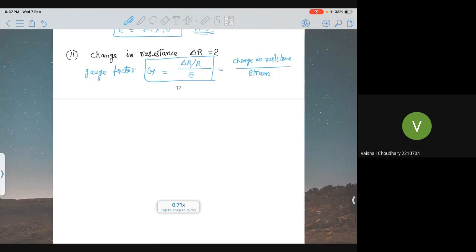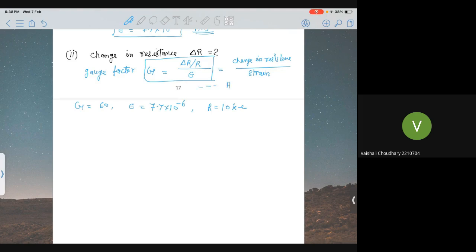In this question, they are providing a gauge factor of 60. We have calculated the strain value as 7.7 times 10 to the power minus 6, and the initial resistance is 10 kilo ohms.